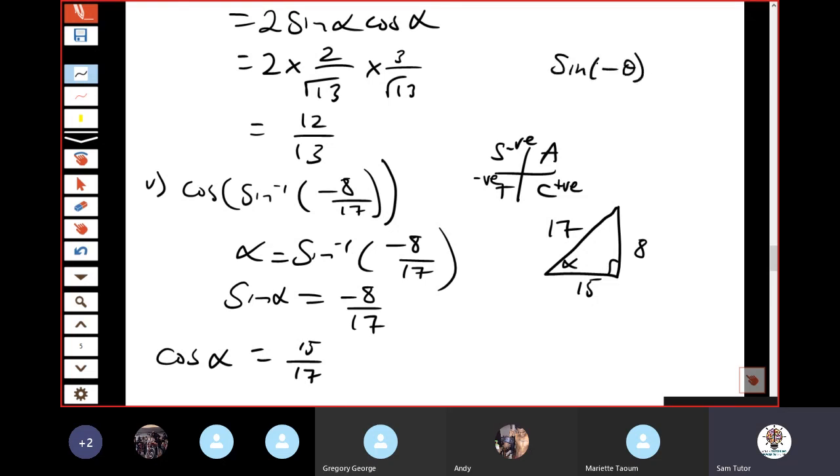Sine of negative theta. So if you had the sine of a negative, this is the same as saying it's negative of sine of the positive. So if you want to try it out, if it's sine negative 20, negative 0.34, it's the same as negative sine 20. Cool.